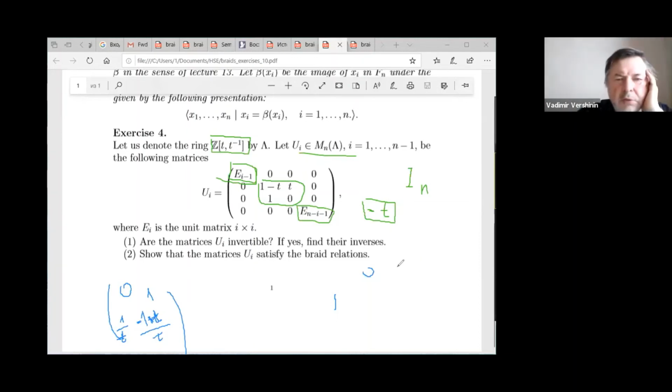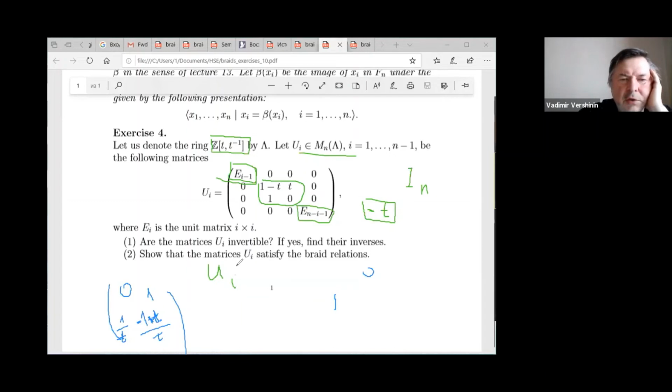Okay, so can we now make at least some attempt to prove that U_i satisfy the relations? Actually, it's sufficient to do matrices 3 by 3.